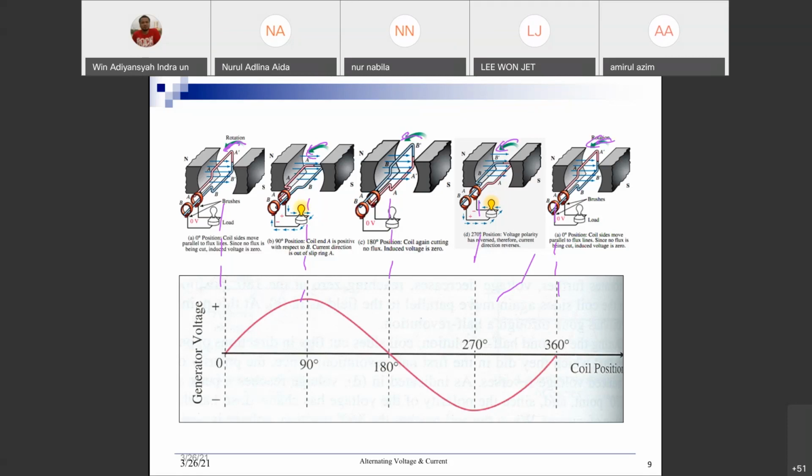Every 90 degrees: 0 to 90, 90 to 180, 180 to 270, 270 to 360. And it keeps repeating the cycle.